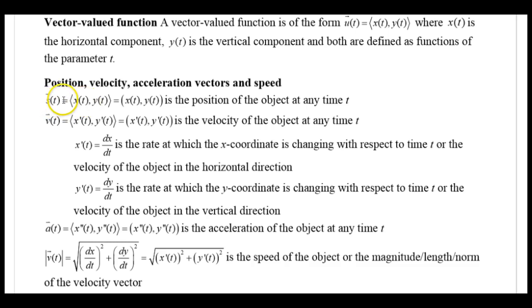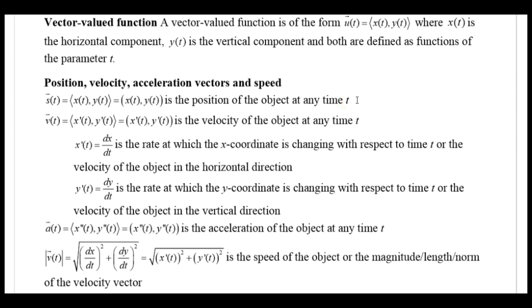So s of t is <x of t, y of t>. So where is my horizontal component, and then where is my vertical component at this parameter, or at this time t, because now we're talking about the position, velocity, and acceleration of an object in real time. So s of t equals <x of t, y of t> is the position of the object at any time t.